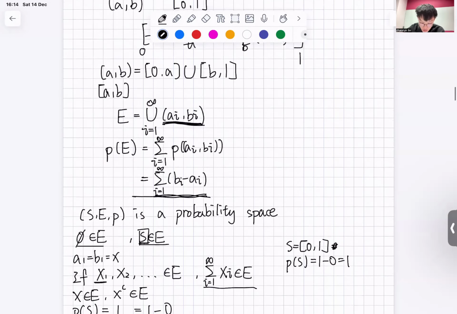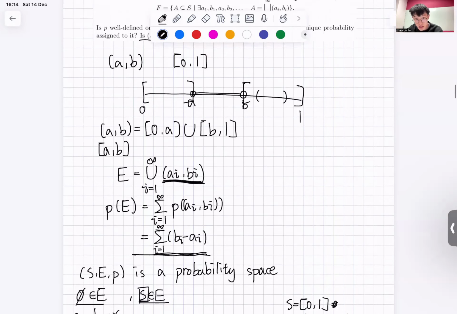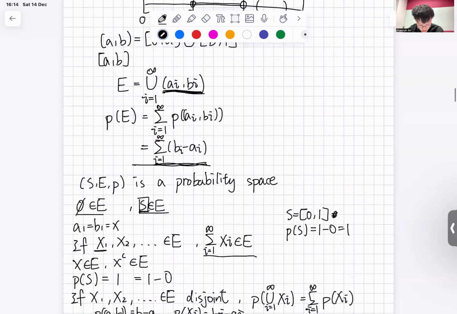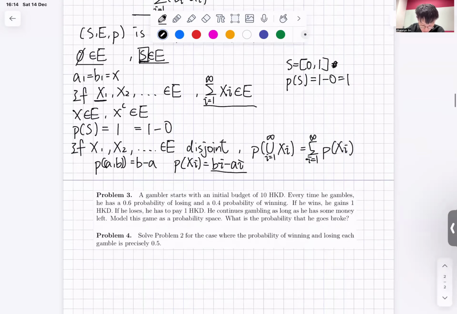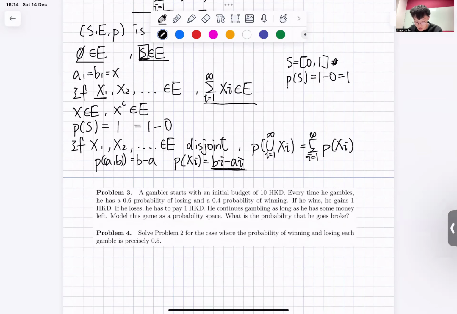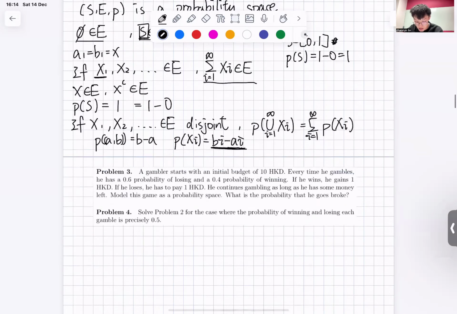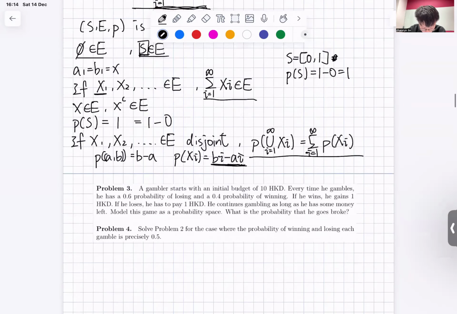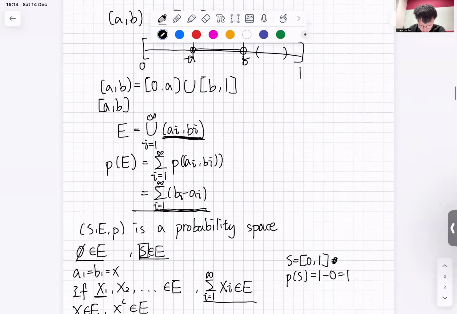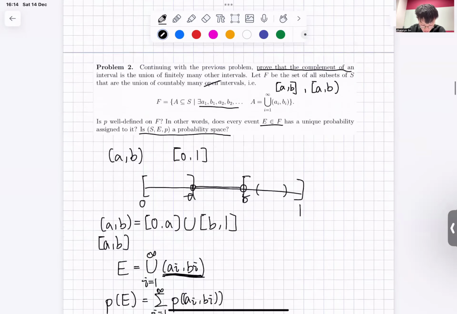And since the intervals are disjoint, this is true. Okay, so S, E, P is a probability space.